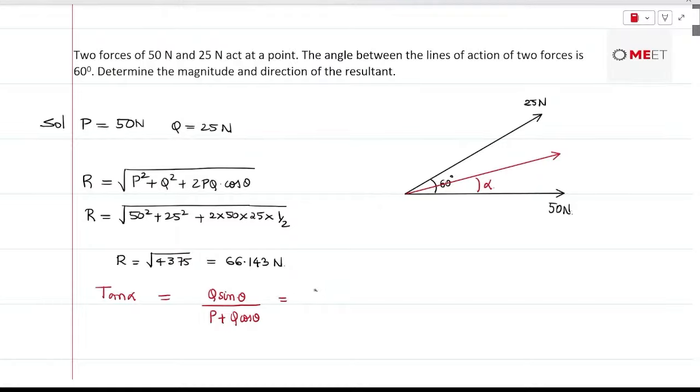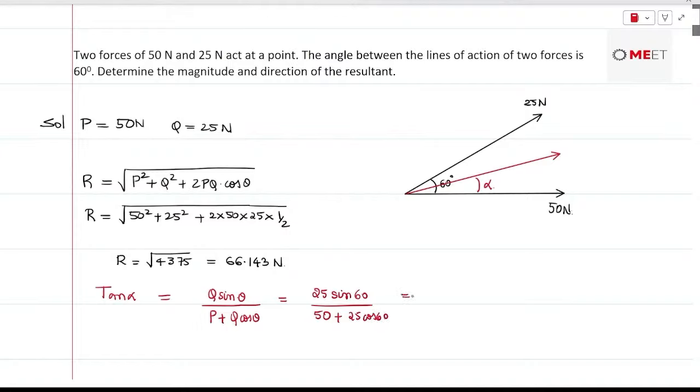So Q is 25 into sine of theta, theta is 60 degrees. Let me correct it. Theta is 60 degrees, whole divided by P, which is 50, plus 25 into cosine of 60.